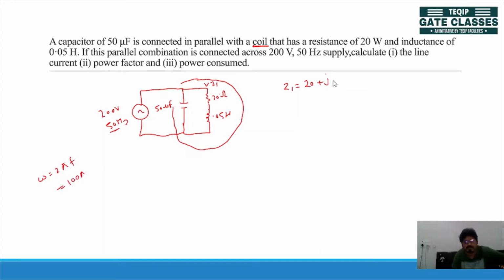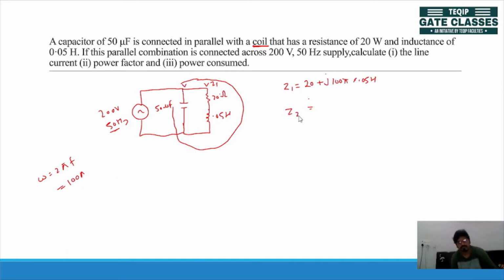So omega is 100 pi, and L is 0.05 Henry. From here you will get a complex number for the impedance Z1, and let's say the impedance of this other branch is Z2.